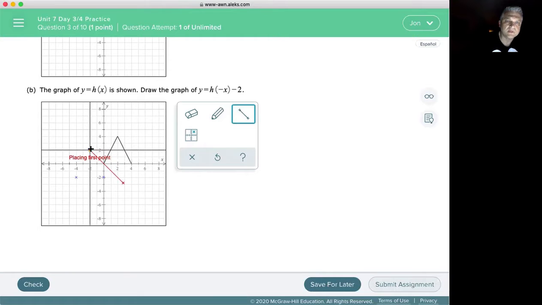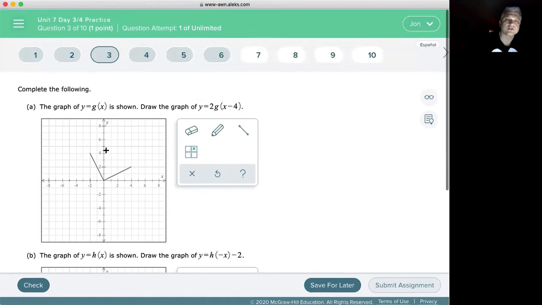Then we can go ahead and make each of these line segments. Boom. Okay. So hopefully you can see right here that we took the negative, which reflected over the y-axis, and then we went down 2. Okay? So there's an example of that type of question.